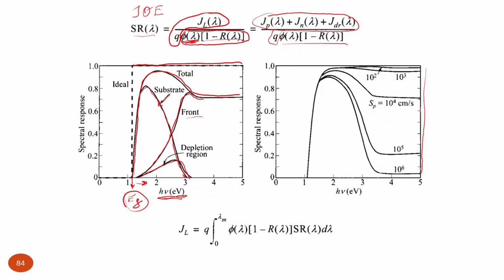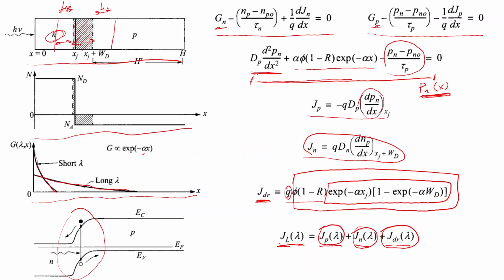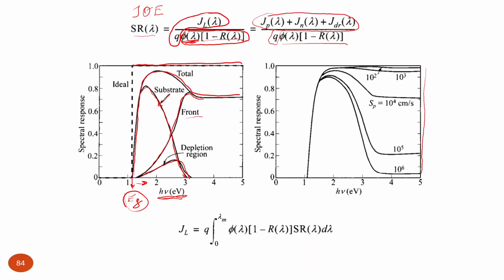If we increase surface recombination at the surface of the solar cell, this is the surface recombination speed, we discussed this parameter previously. The larger the number, the more recombination happens on the surface, and we reduce the spectral response quite significantly, so it goes down. So obviously the surface of a solar cell should be carefully passivated in order to prevent unnecessary problems.